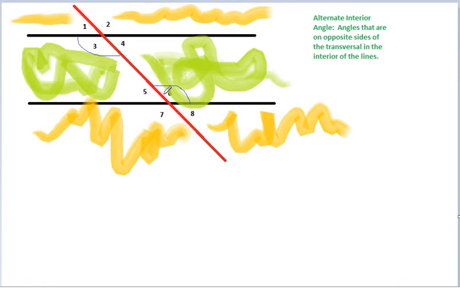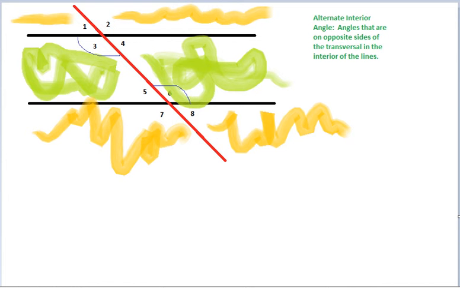Now, we wouldn't call angle 3 and angle 4 alternate interior angles because there's going to be some properties that are special with 4 and 5 and 3 and 6 that we're going to be discussing tomorrow for homework. So, that's what alternate interior angles are.